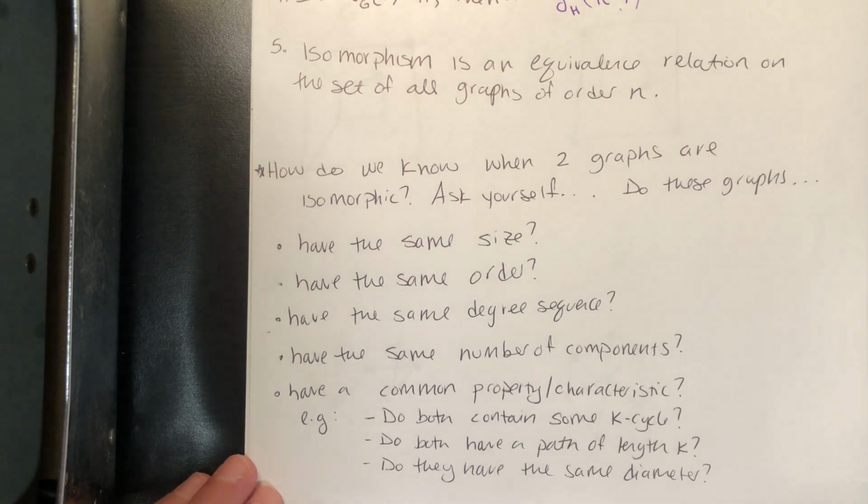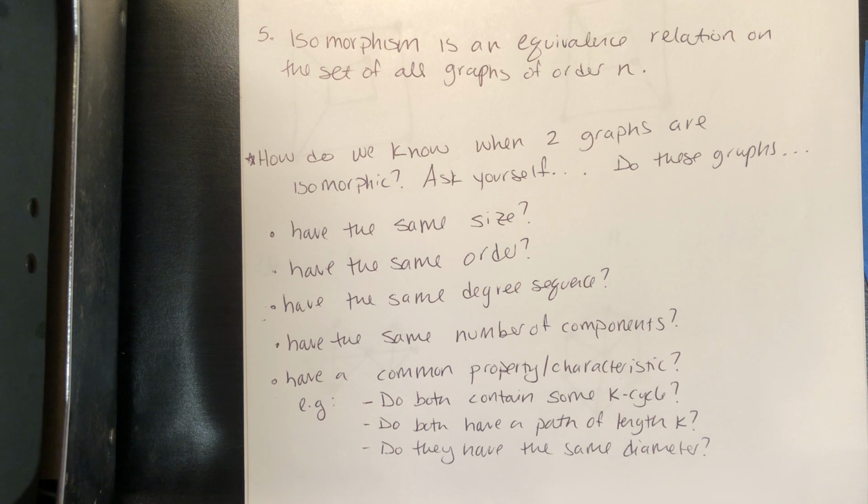So how do you know when two graphs are isomorphic? Well, one thing you can do to get an idea of whether they're isomorphic or not, without first jumping into forming the isomorphism, is to ask yourself the following questions. First of all, do the graphs have the same size, the same number of edges? Do they have the same order, the same number of vertices? Do they have the same degree sequence? Do they have the same number of components, if the graph is disconnected?